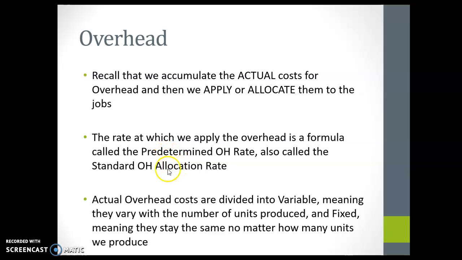Okay, so this predetermined overhead rate can also be called the standard overhead allocation rate. So our standard, okay, the amount that we expect to apply.